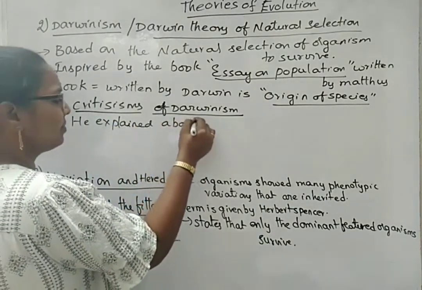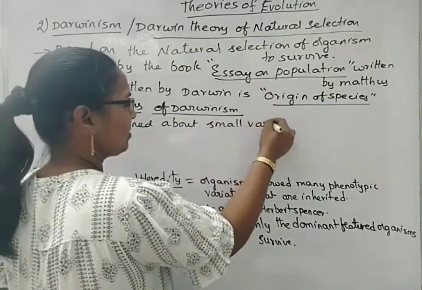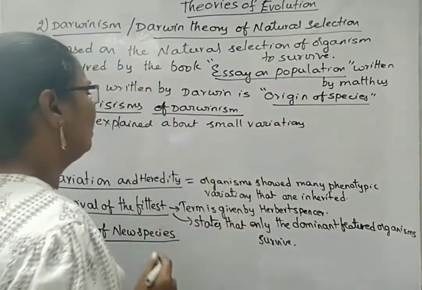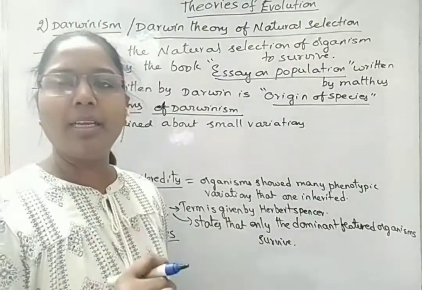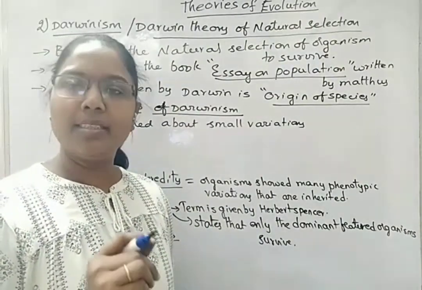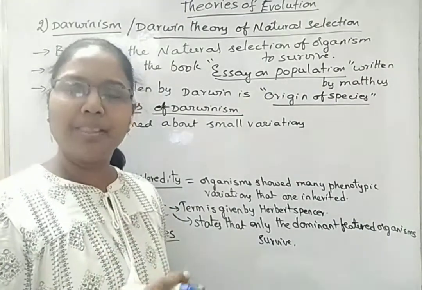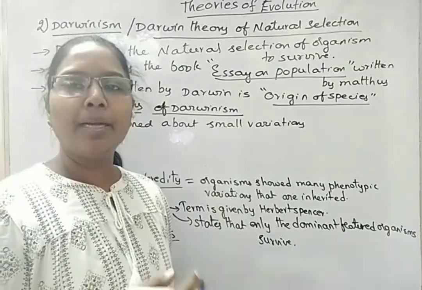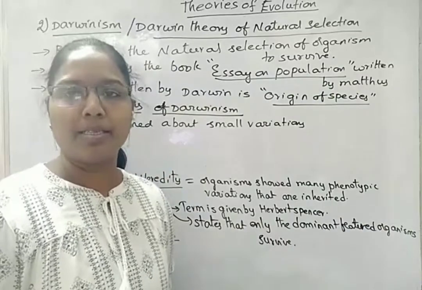For suppose in Galapagos Islands, just one single point he has taken, that is differences in the beak shape. That is also one of the variation. It is true and it is inherited, but he did not find out what are other types of variations seen in the birds.